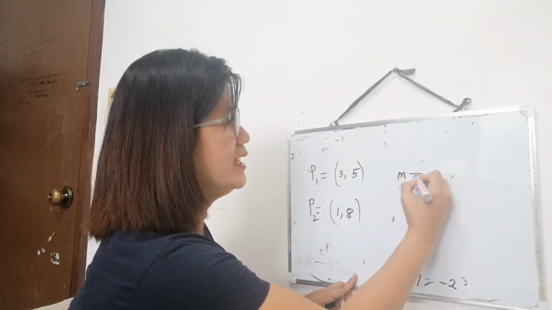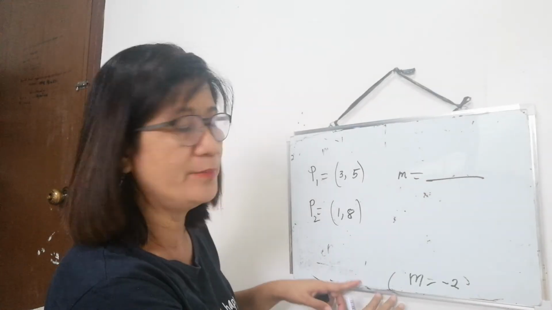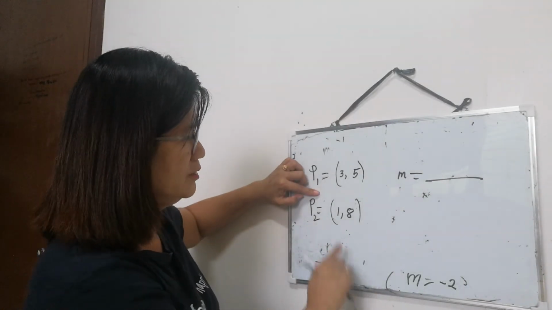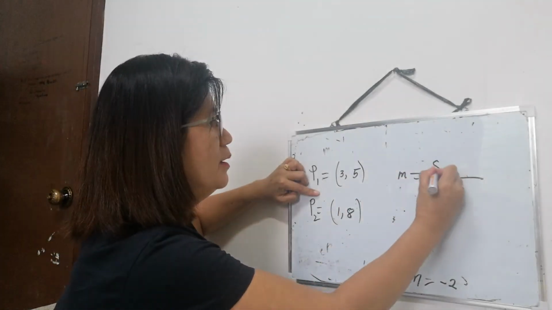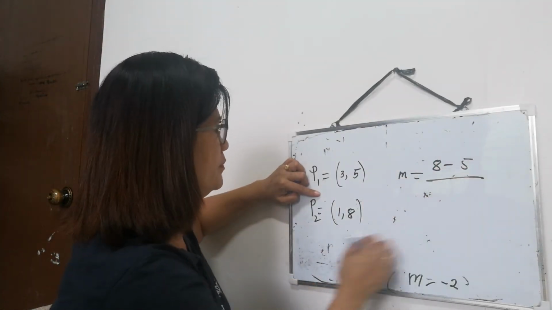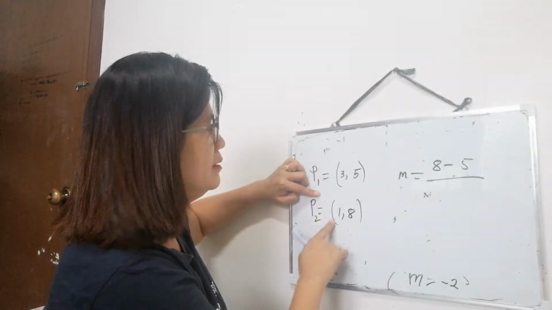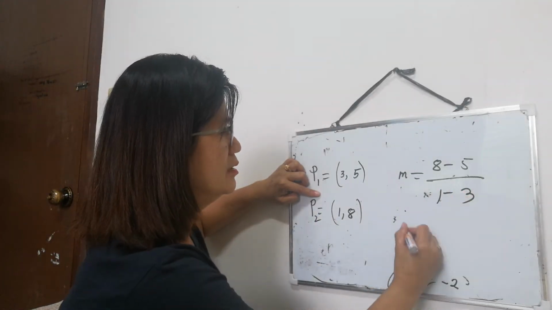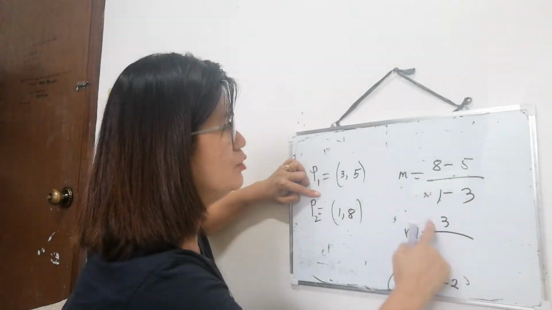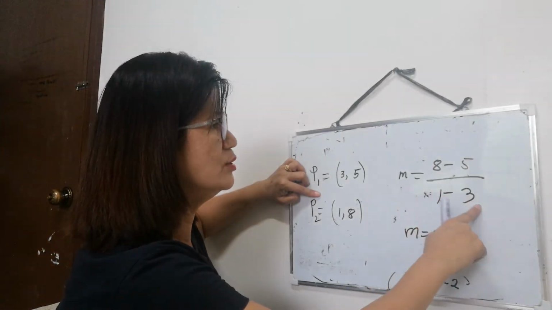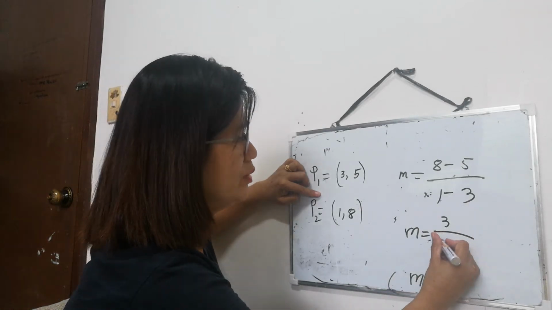Pwede niyong masagutan yan direct, hindi na kayo gagamit ng formula. Dito na lang kayo tumingin, mula sa baba, minus nung nasa taas. 8 minus 5. Ito naman, 1 minus 3. So, sagutan natin yon. 8 minus 5 equals 3. Dito naman sa baba, 1 minus 3 is equal to negative 2.